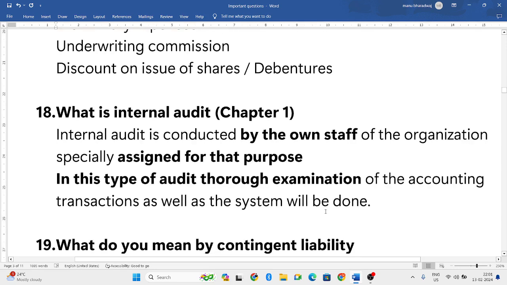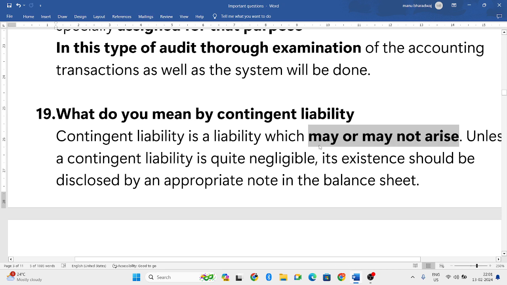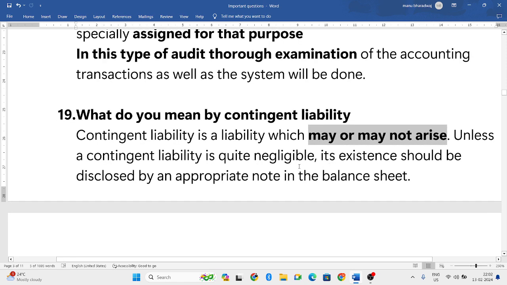What do you mean by contingent liability? A contingent liability is a liability which may or may not arise. It's like provisions; you can give provisions as an example. You may see uncertainties that may arise in the future, but it may or may not arise. But to be on the safe side, you will maintain some liability, that is contingent liability.